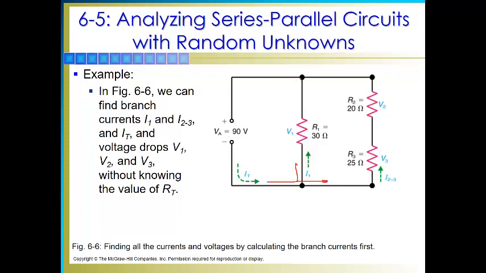But we know that these 2 branches, okay, this branch right here and this branch right here are connected to this point. Right, so they are in parallel. And remember that we said before that when you have branches in parallel, the voltage across each branch is the same.